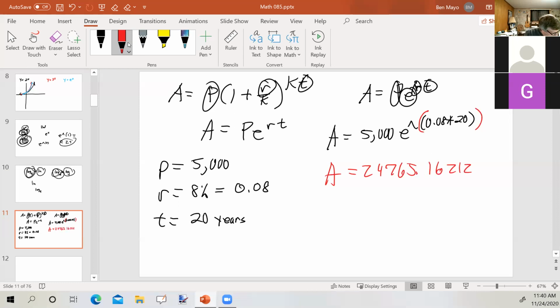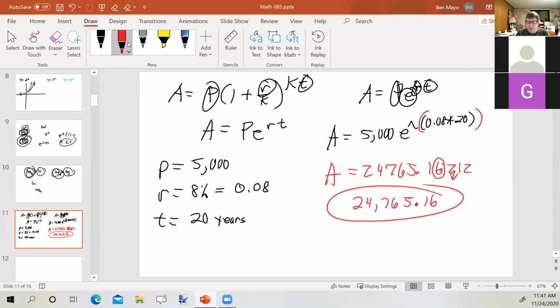Now, it says round to the nearest hundredth, which would be right there. The 2 would round down, so I get 24,765.16 would be the answer. Any questions about that particular problem? All right. Let's take a look at another example.